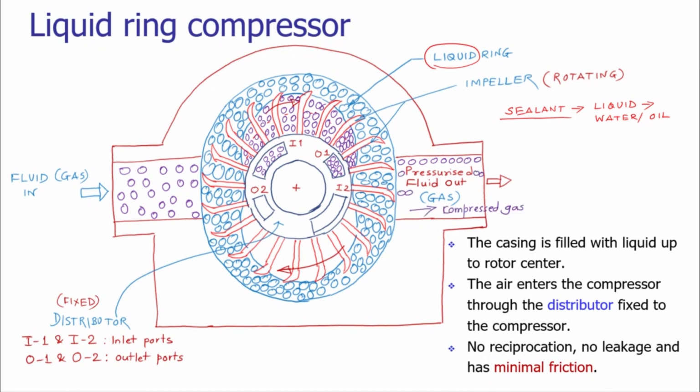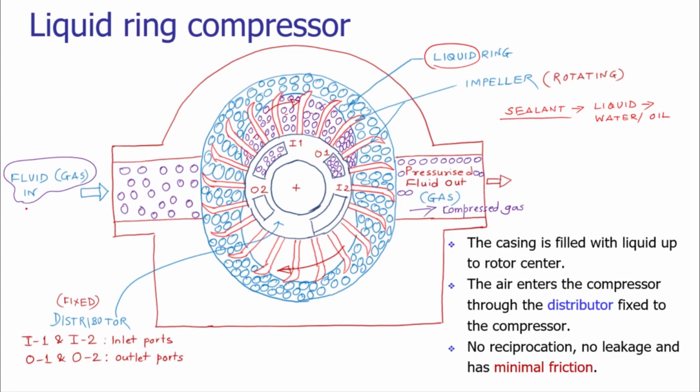Thus, the cyclic variation of the volume enclosed by the impeller vanes and the ring is creating the pressure on the fluid which is coming in. The liquid ring is performing the function of the piston in the reciprocating type of compressor that we have seen.